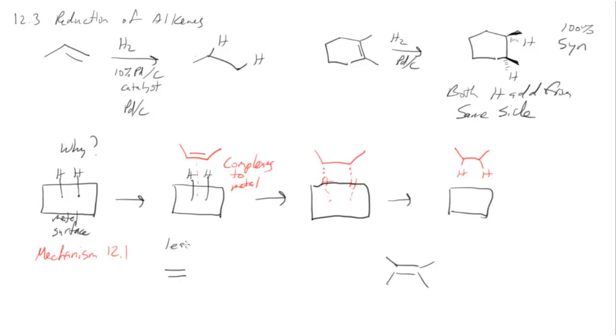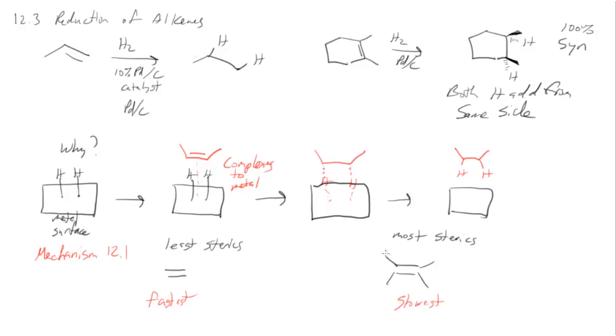This one would have the least sterics, or things that would be interfering with it approaching the metal. This would have the most steric interactions, or most steric difficulties approaching the metal. Which of those two do you think would be faster in being reduced with H2 and palladium on carbon? The ones with the least sterics are going to be the fastest. The ones with the most sterics are going to be the slowest.